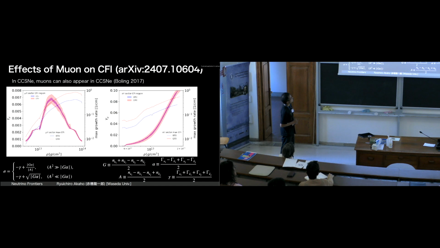And this blue and red region denotes the different tau neutrino chemical potential, and there are certainly regions where the CFI can be triggered by this small amount of muon fraction.